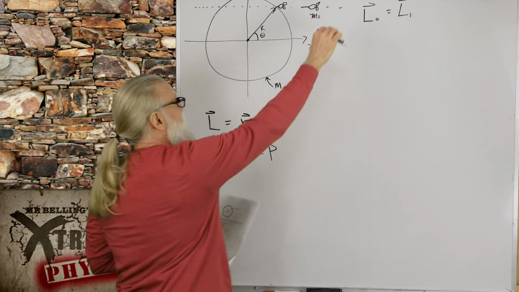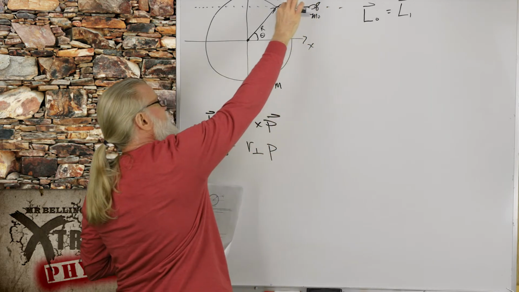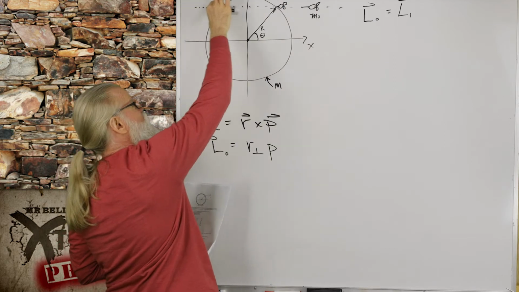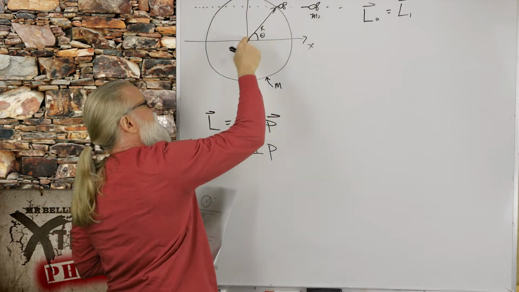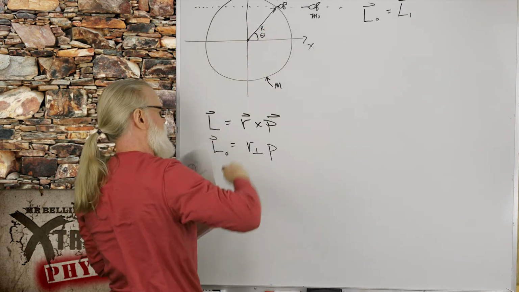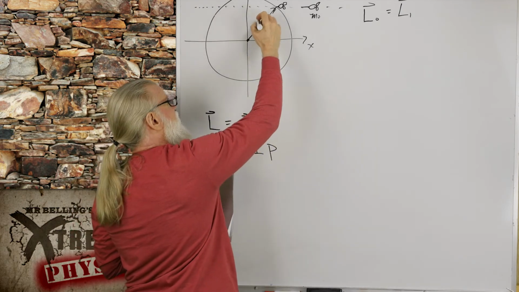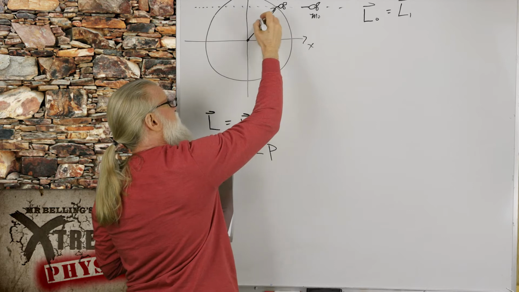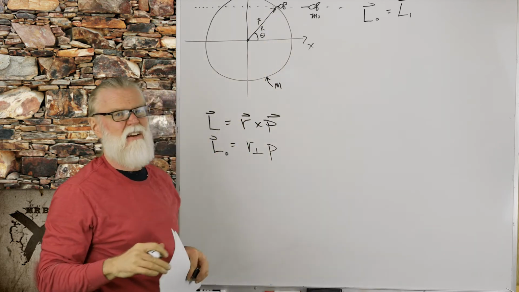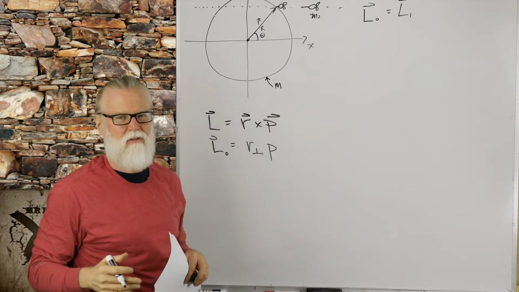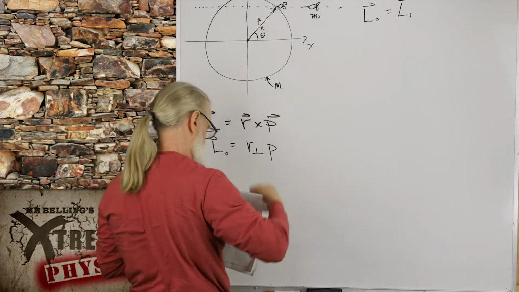And if we take a look, they actually drew in the question the line of action. Here's the line of action, and here's R. They give this capital R. That's a value, but this is also r when it comes into contact. This is our little r vector, our position vector, right? When they gave you R, they just gave you the radius. Capital R was a radius, but this is also the position vector.